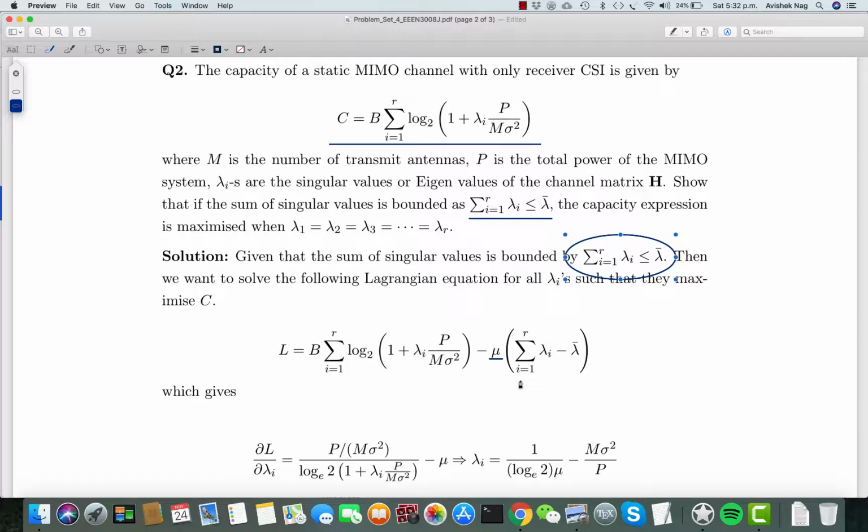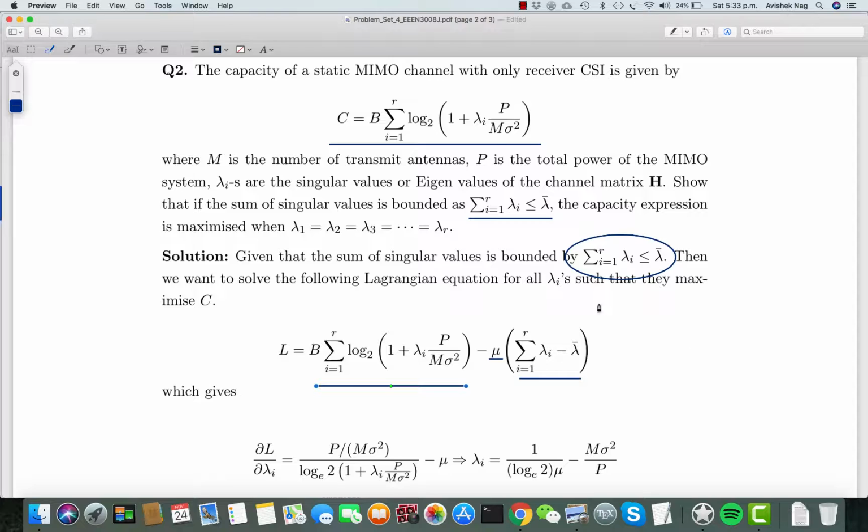So this is the new constraint written in this form, multiplied by the Lagrangian multiplier, and this is my original function, which I want to maximize.